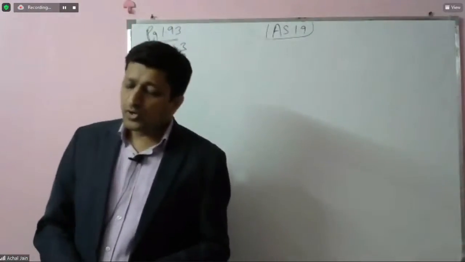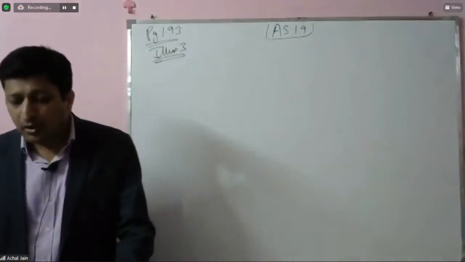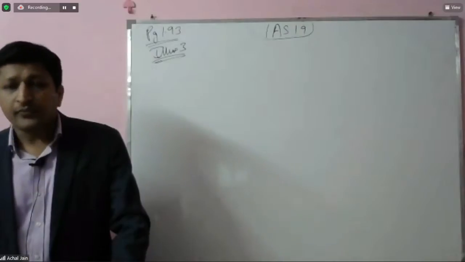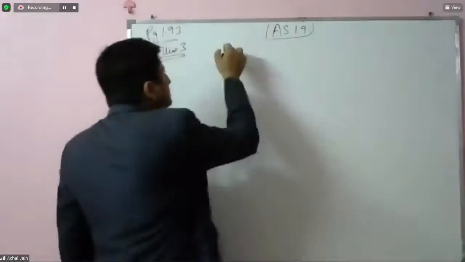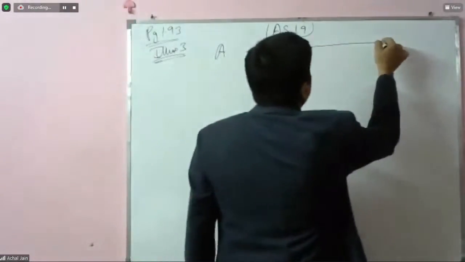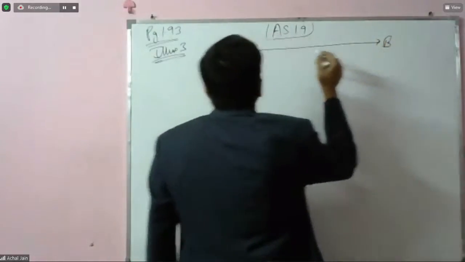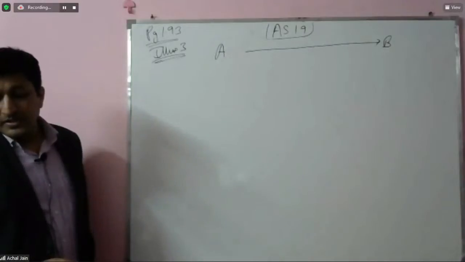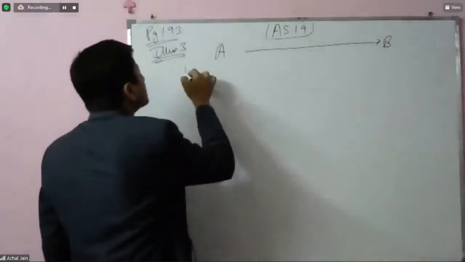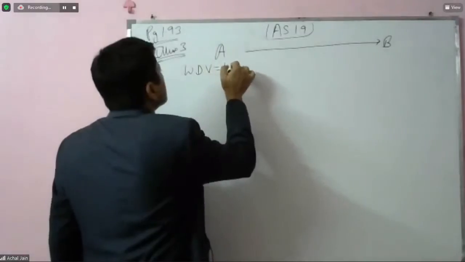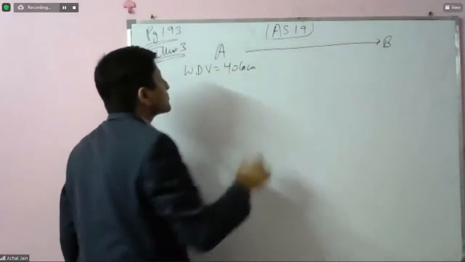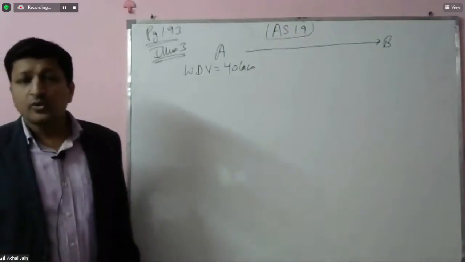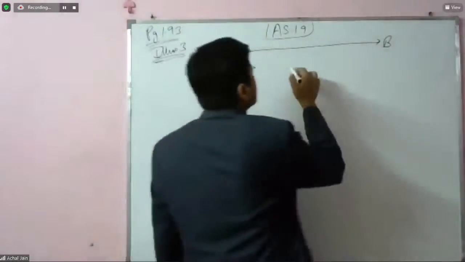A Limited sold machinery having WDV of 40 lakhs to B Limited for 50 lakhs. So A has made a sale to B. Its WDV was 40 lakhs. So this was there in the books of A, having WDV of 40 lakhs. Sold for 50 lakhs.